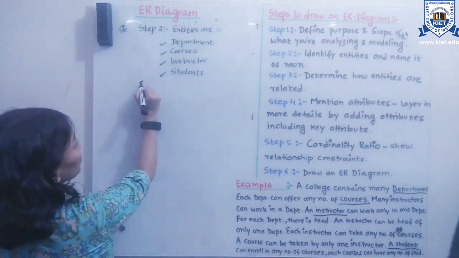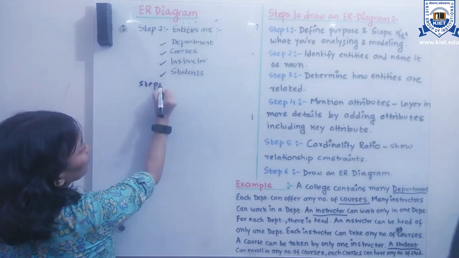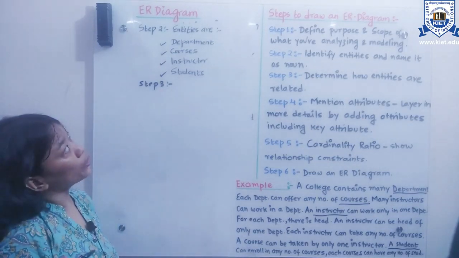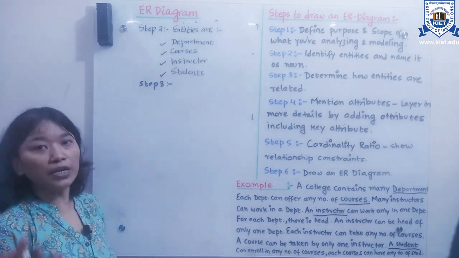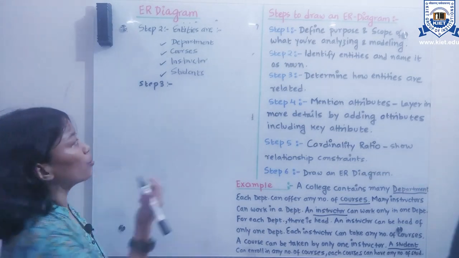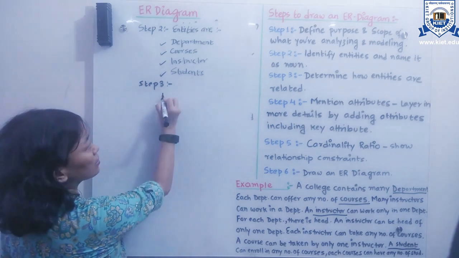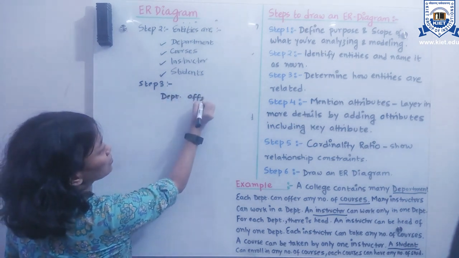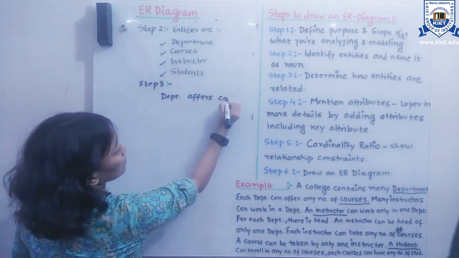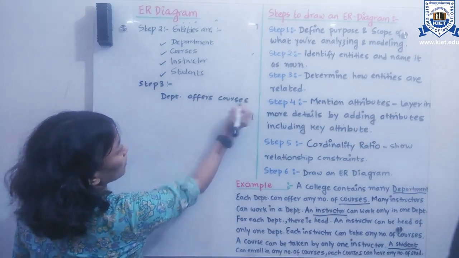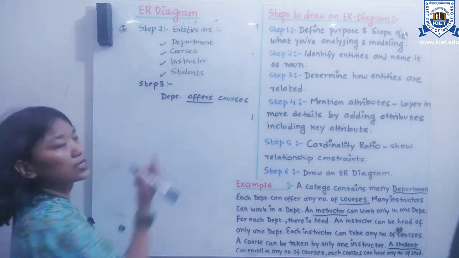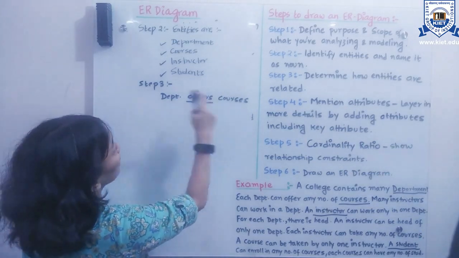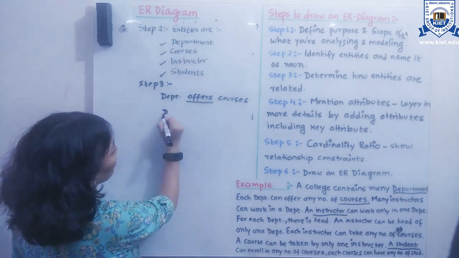In step 3, I need to find the relationships. If I talk about the department and the courses, obviously there is one relation: department offers courses. As simple as that. So offers is one of the relationships between these two entities, right? Department has instructors.